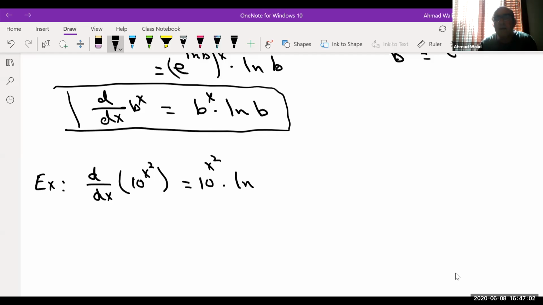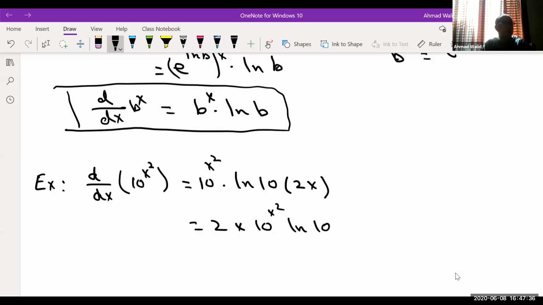How much is b? 10. Times, because here you have x squared, again you are applying chain rule, the derivative of x squared, which is 2x. Written nicely, that gives you 2x times 10 to the power of x squared times ln 10, final answer. Correct?